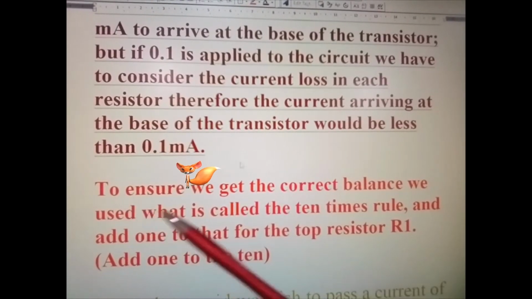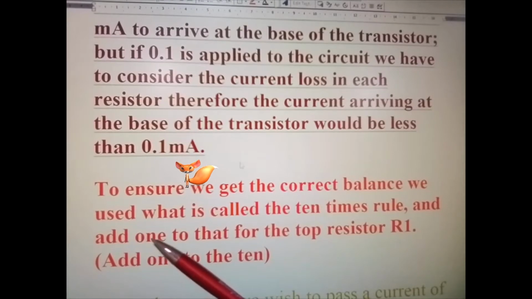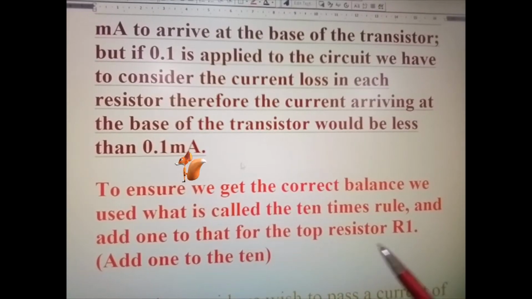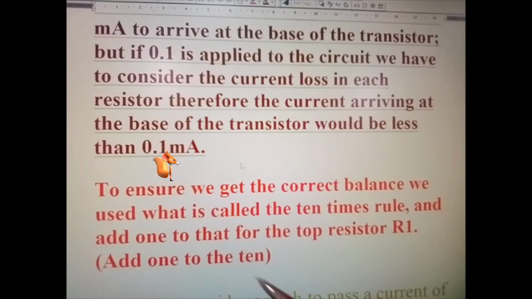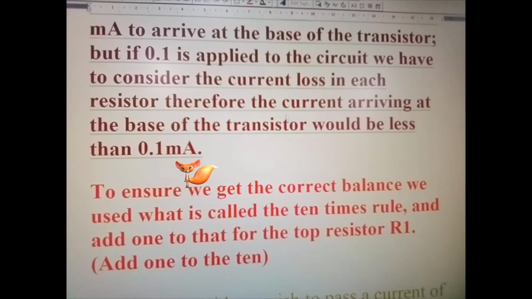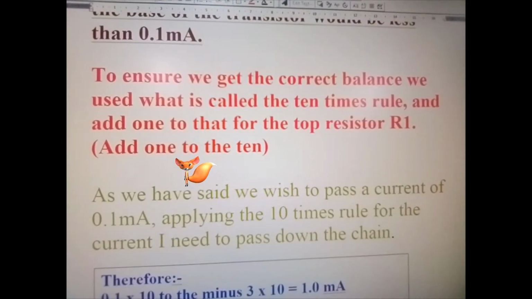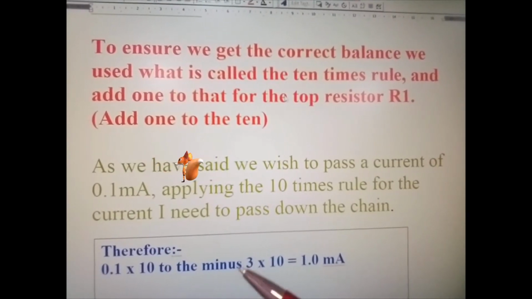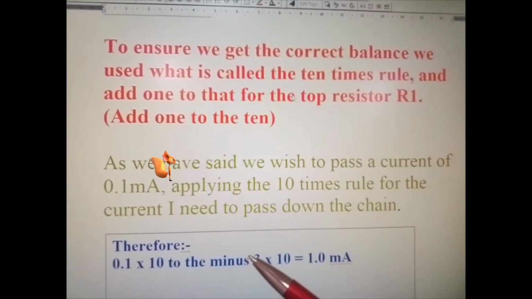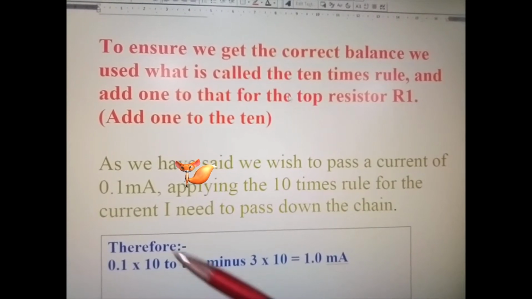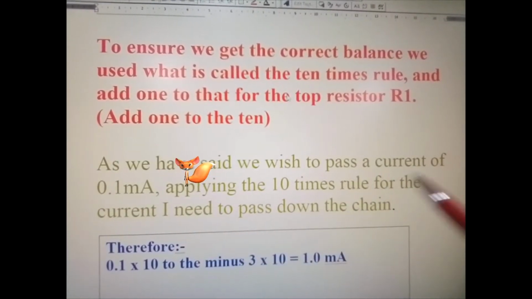Now, to ensure we get the correct balance, we use what is called the 10 times rule and add 1 to that for the top resistor R1. Add 1 to the 10. As we have said, we wish to pass a current of 0.1 milliamps.